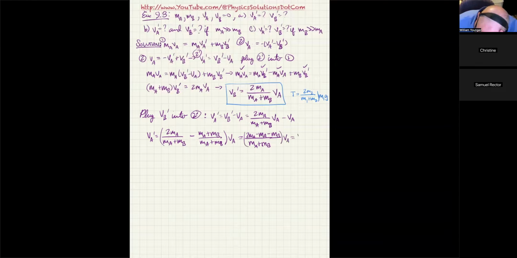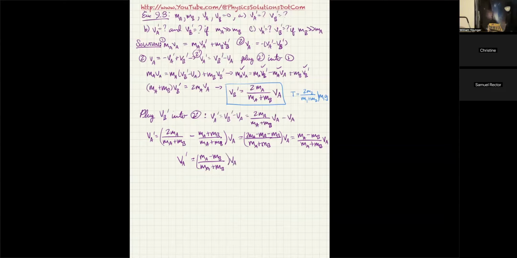So I get MA minus MB over MA plus MB, and all that times VA, which again gives us yet another answer that looks like the Atwood machine. Specifically, VA prime is equal to MA minus MB over MA plus MB, and all of that times VA.